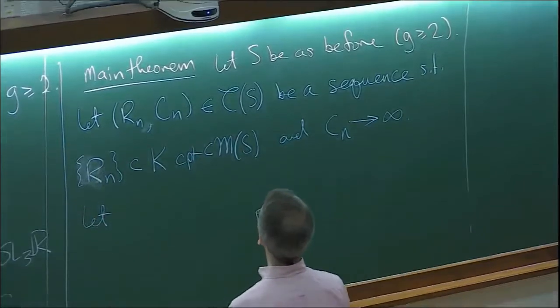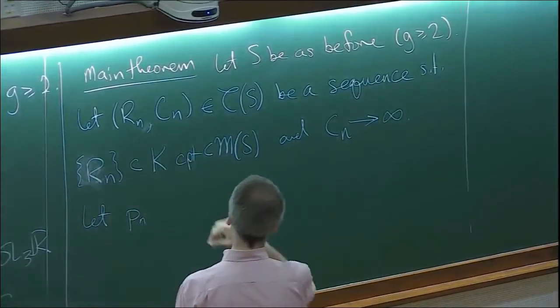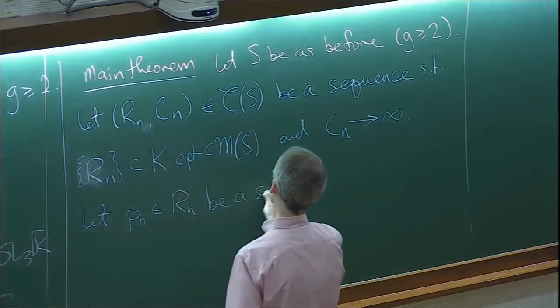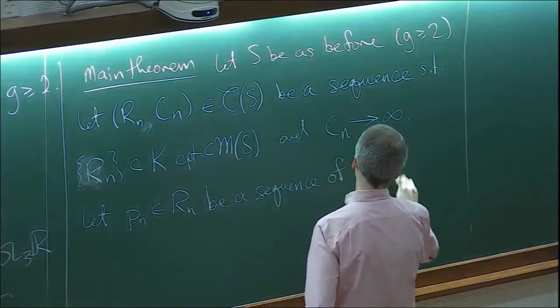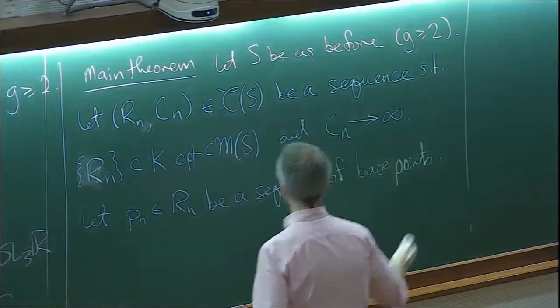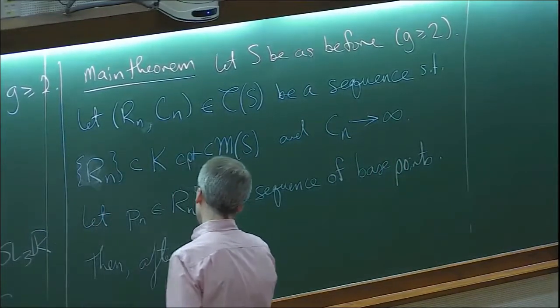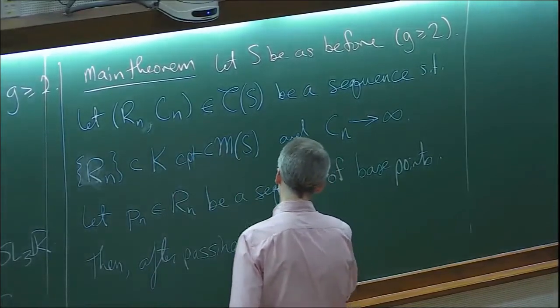Our theorem is about the behavior near a point, so let Pn be a sequence of points in Rn, a sequence of base points. Then, after passing to a subsequence, we have the following.